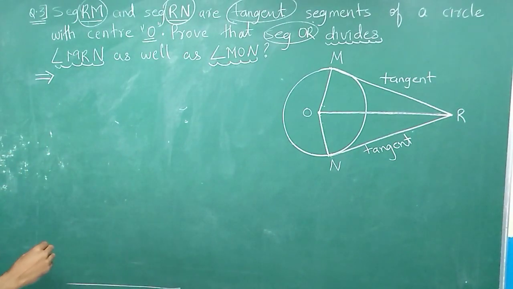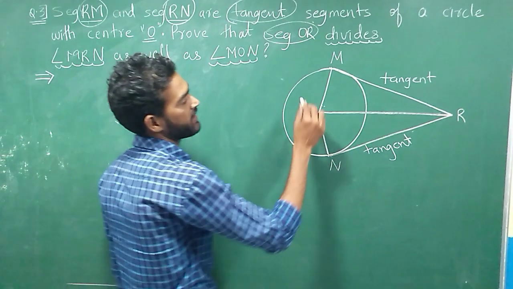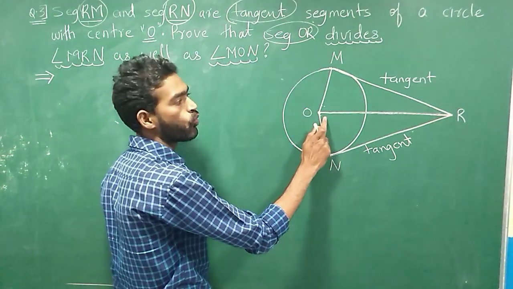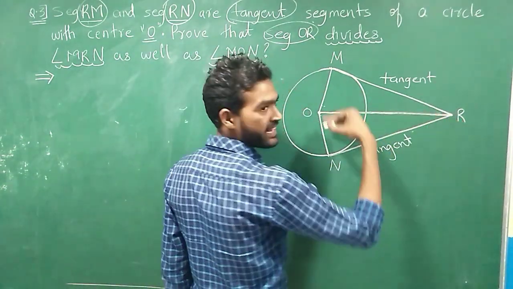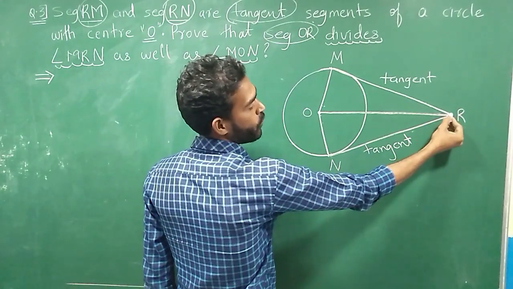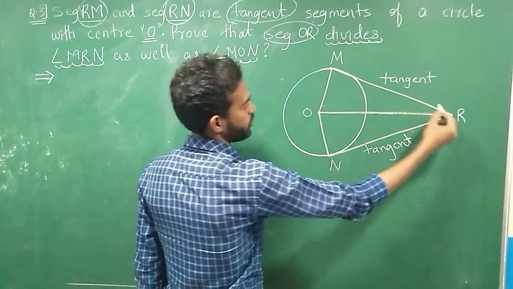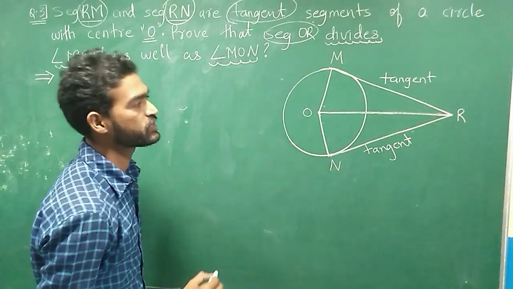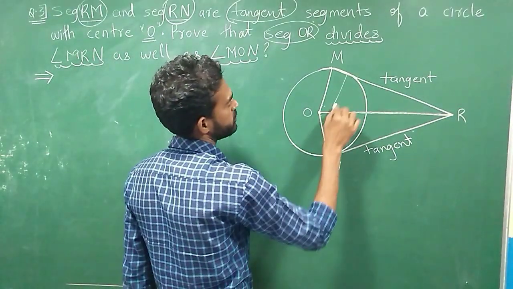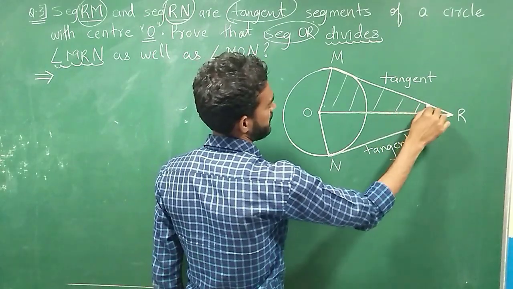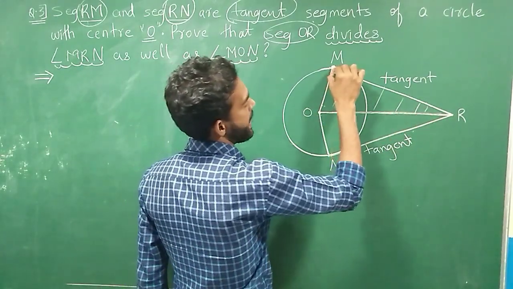Okay. Now what can you see? We can see here a circle with center O. R is the exterior point. So from one external point I have drawn two tangents, one is RM, one is RN. This way we have prepared two triangles. Look, this upper triangle OMR.